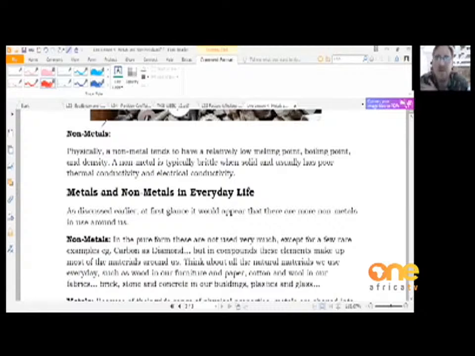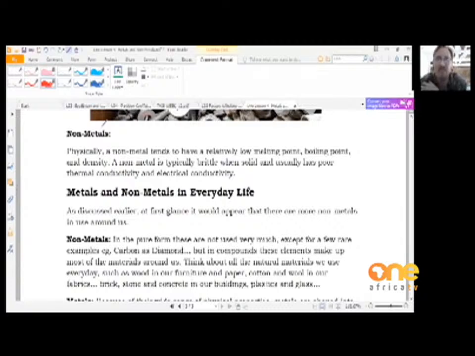There are only a very few non-metals that are hard and have high melting points. They do exist. I mentioned diamond. You get special forms of silicon oxide as well. Silicon oxide, in nature, you'd call it sand. But if you melt it and if you mix other chemicals with it, you're able to make glass.